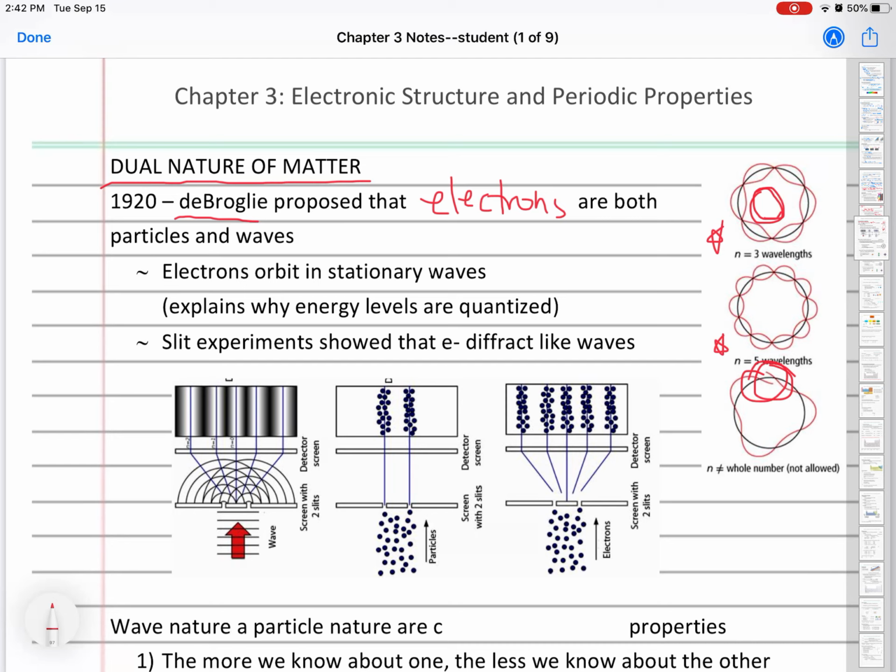Then another experiment was this famous experiment called the double slit experiment that was also trying to see, do electrons behave as particles or do they behave as waves? So remember we said that if something that acts as a wave hits a wall with a hole in it, it will diffract.